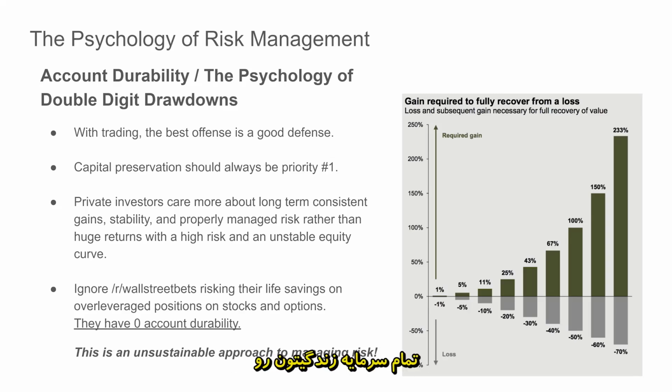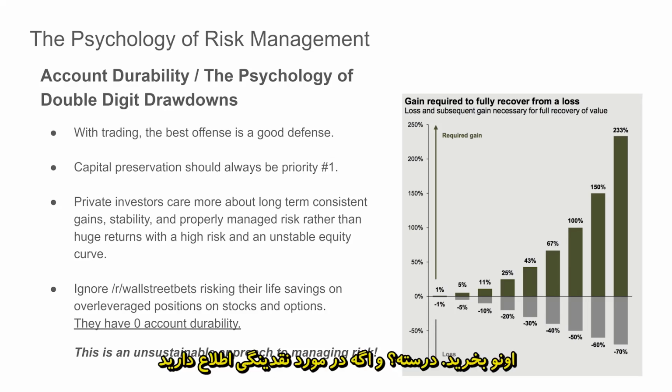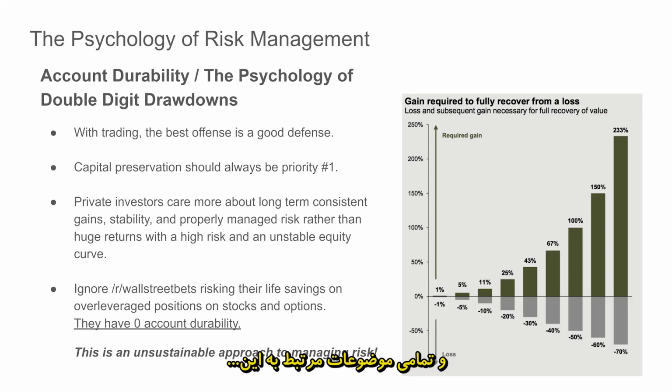Don't YOLO your entire life savings into a coin just because it's gained 5,000%. That should be your warning sign, your red flag. If it's making 5,000% in a day, you don't want to be buying that at a premium. If you understand liquidity and all the stuff behind it, going off on a bit of a tangent here, it's all about supply and demand at the end of the day.